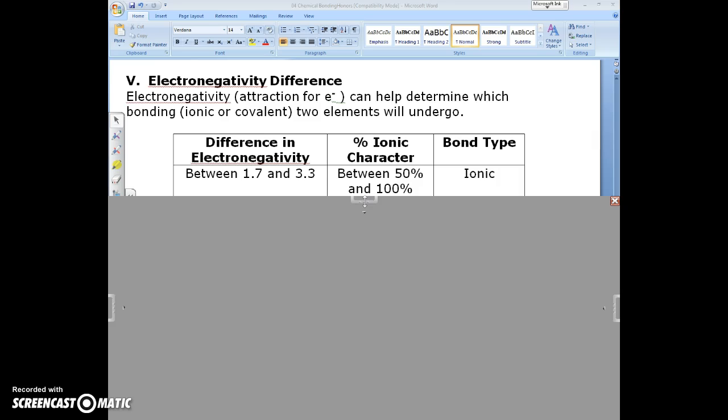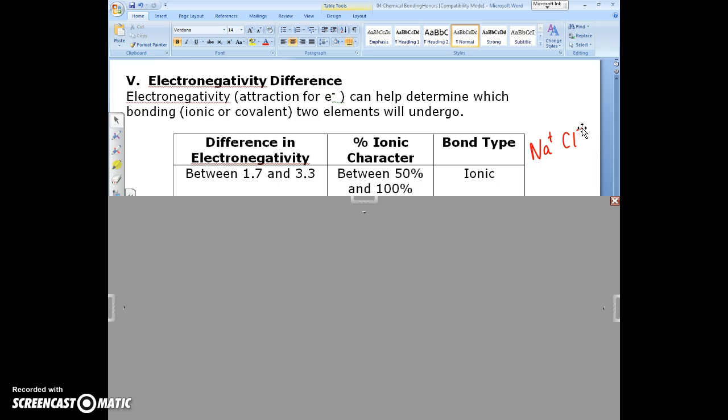So the difference would be between 1.7 and 3.3. Then we have an ionic bond. Now the percent ionic character is the extent to which it behaves like an ion. Well, in our example with Na and Cl, we have a lot of ionic character here, so you'd expect this number to be pretty high.